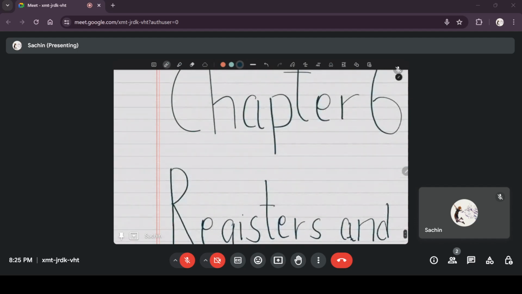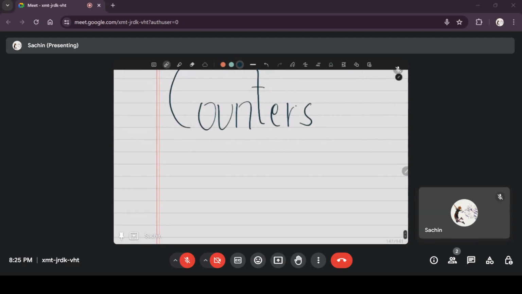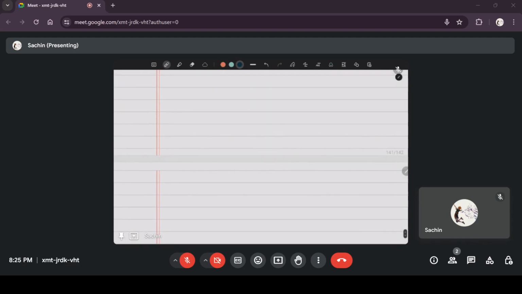In this session, we'll do problems from chapter 6, which is based on registers and counters. There are a lot of questions in this chapter.